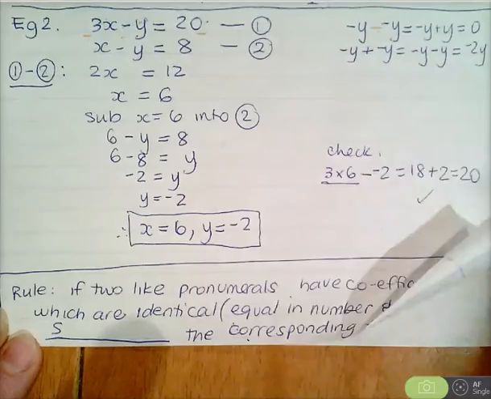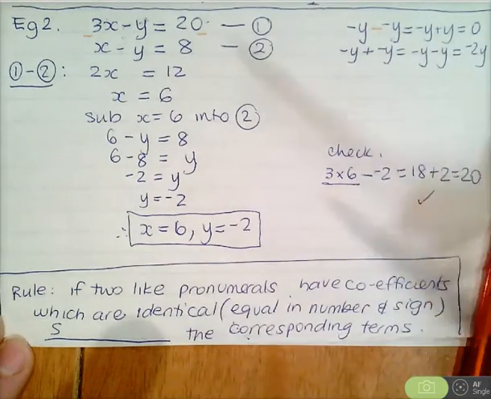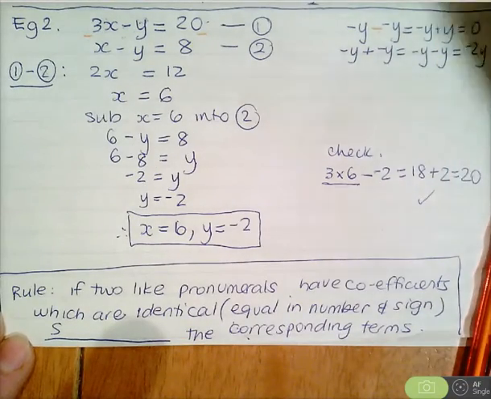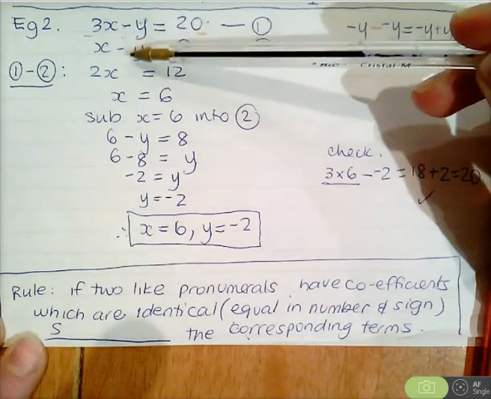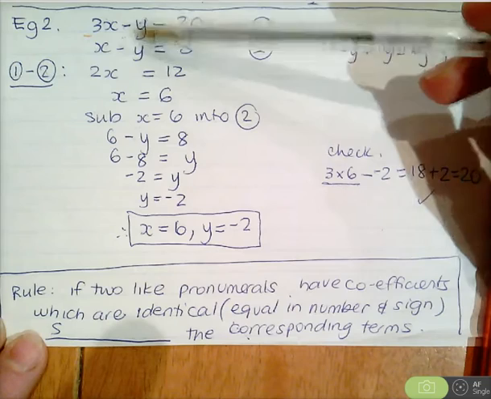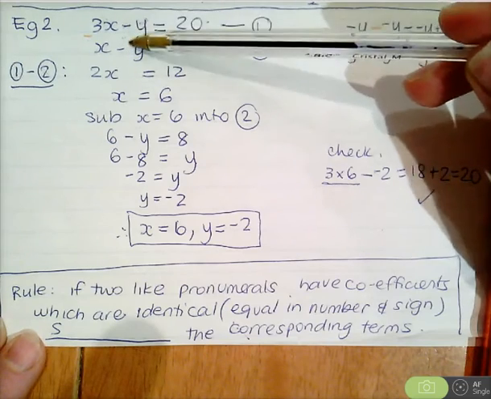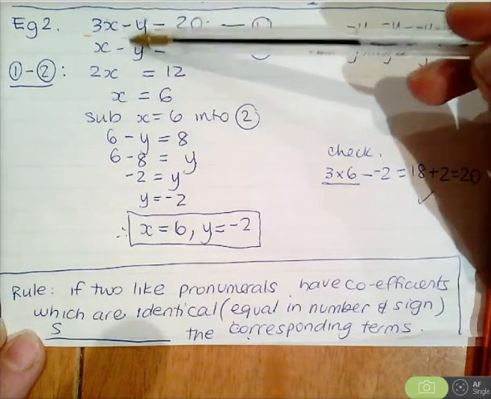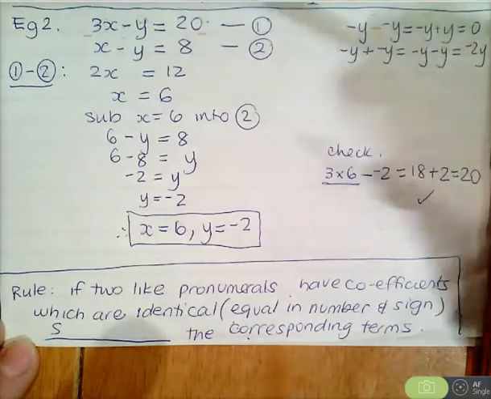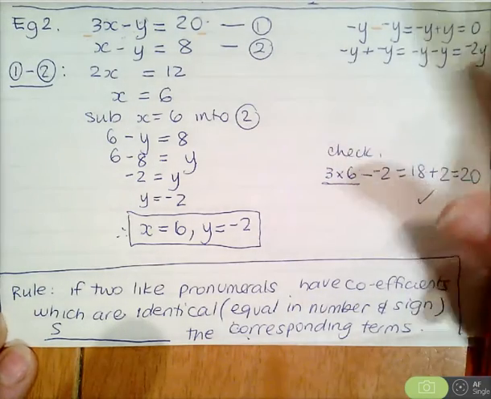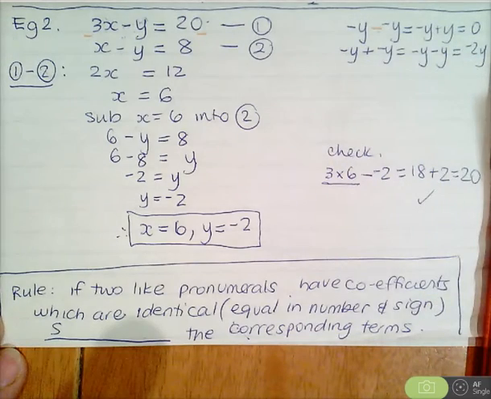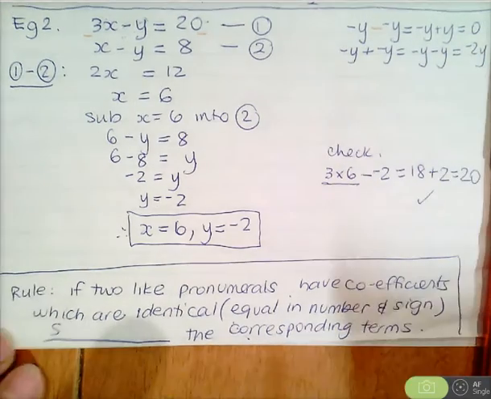So in these first two examples, we have had two pronumerals. We have had like pronumerals that were identical. They had the same coefficient and the same number in front of them and the same sign as well. Now, if you've got two things that are identical, the way to eliminate them is to do one of those things minus the other.